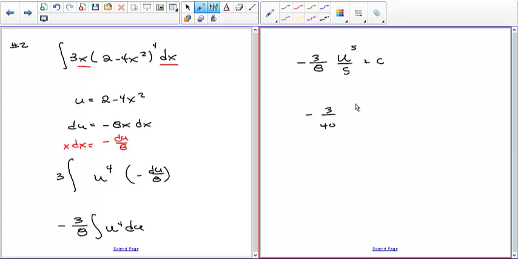So you get -3 over 40 u to the 5th plus c, and then we stick u back in. So you'll have -3 over 40 times 2 minus 4x squared raised to the 5th power plus c.